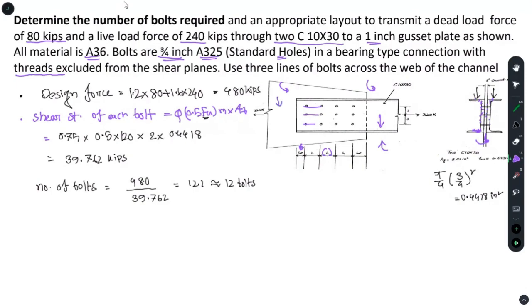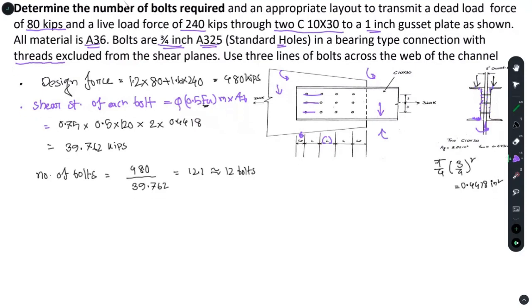When you are designing a connection, you have to make sure that the bolts are sufficiently strong, and at the same time you have to make sure that the other materials, in this case the gusset plate and C-section, are sufficiently strong also. So we'll find the bearing capacity of the channel firstly.